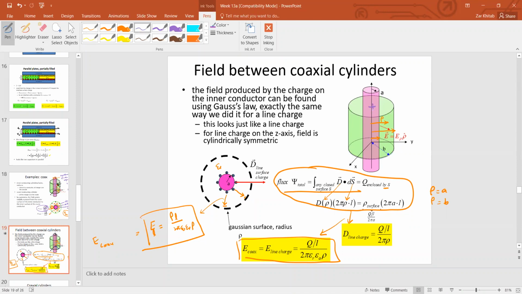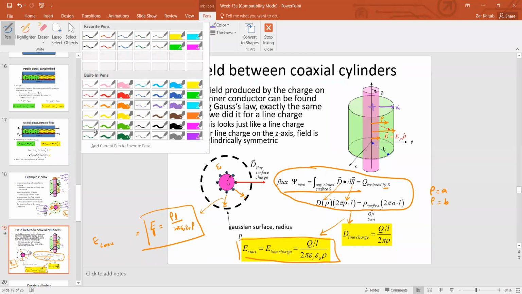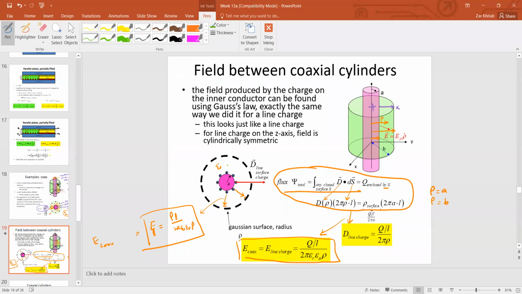We know that if this is positive charge, and the electric field starts from here, this electric field will end on the outer surface. It cannot penetrate the outer surface. Why cannot the electric field penetrate the outer surface? Again, because electric field lines cannot cross each other? Exactly. Yes, this is negative charge.